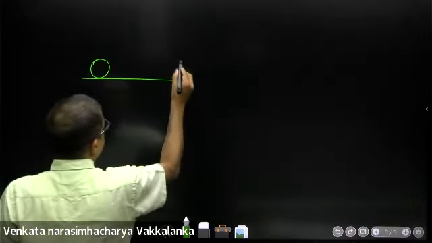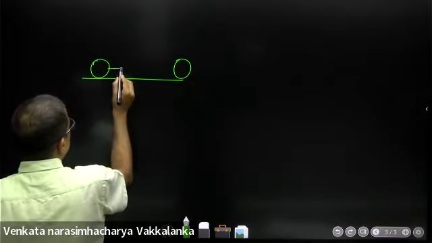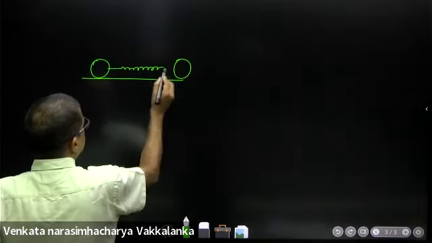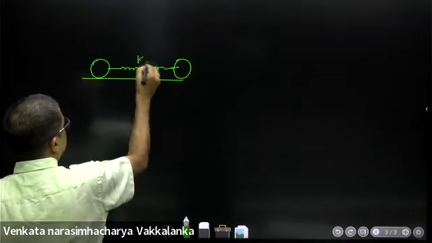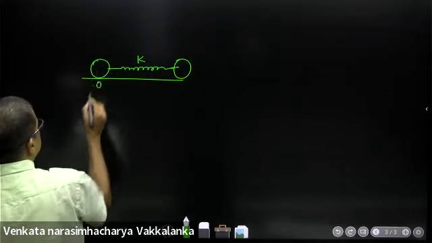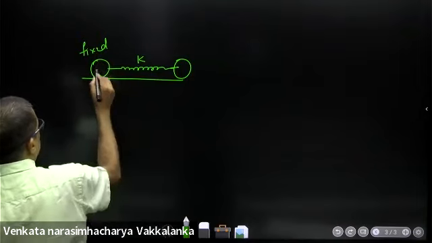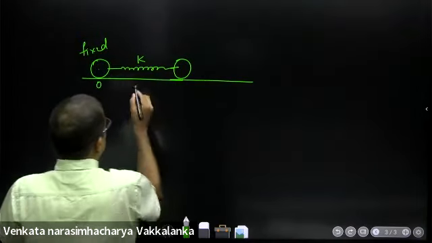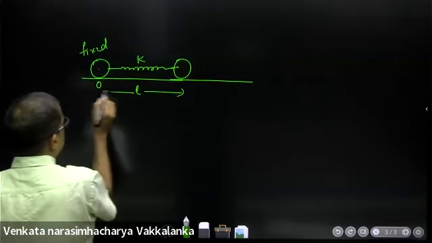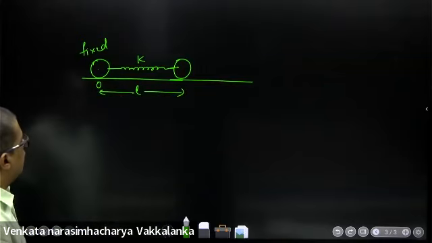There are two identical bodies connected by a spring of spring constant K. This is fixed at O. The unstretched length of the spring is given.